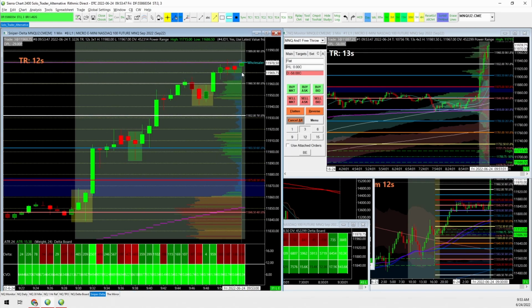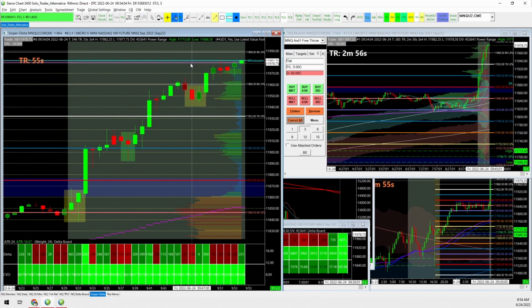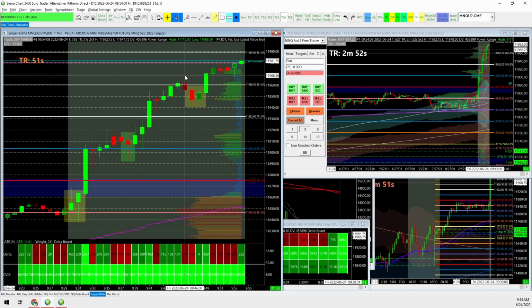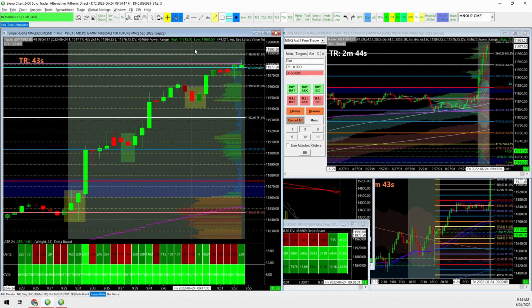So we got some micro pullback here that happened briefly and quickly. Normally I don't like those as triggers, but that could be a trigger. Normally I don't even mark those off as triggers. I want some real pullback, but that can keep us going higher. Or that can catapult us into higher prices.